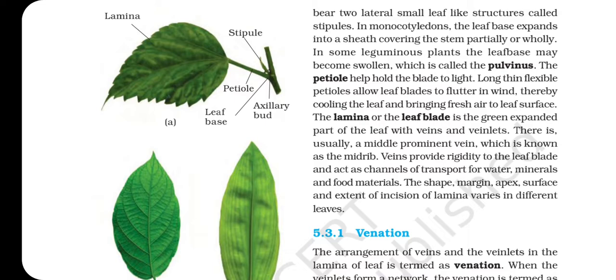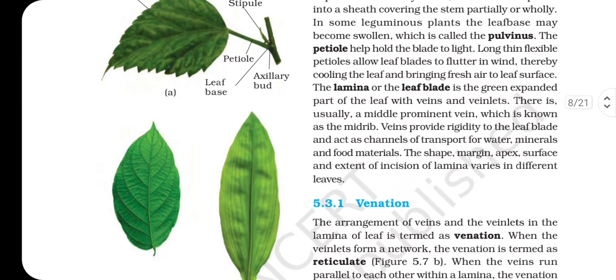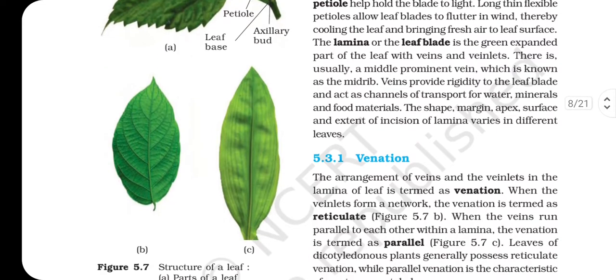There is usually a middle prominent vein, which is known as the midrib. Veins provide rigidity to the leaf blade and act as channels of transport for water, minerals, and food materials. The shape, margin, apex, surface, and extent of incision of lamina vary in different leaves.